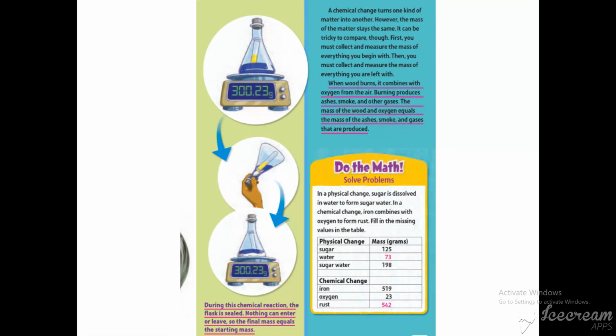Now coming here, a chemical change turns one kind of matter into another. However, the mass of the matter stays the same. I told you that matter doesn't get affected. Whether it's an ice cube, or water, or vapors, all three of them are made up of H2O, right?